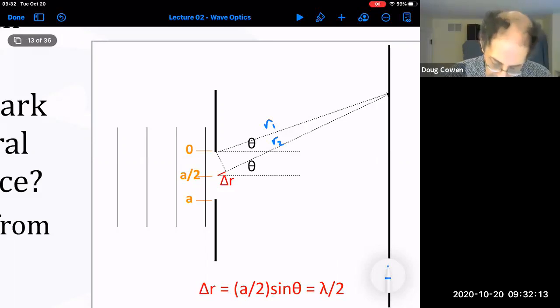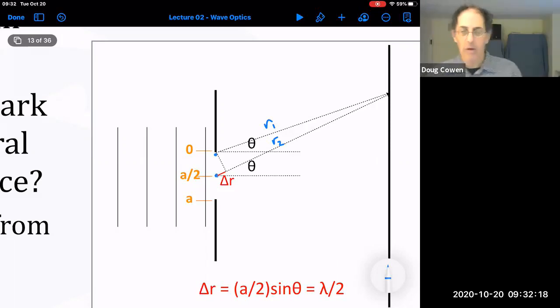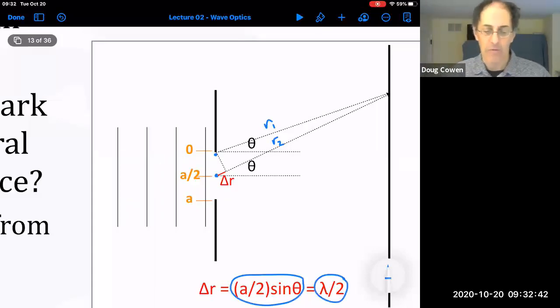So remember, we're just looking at this point here, at the very top of the opening, and this point right at the midpoint. Those are separated by a distance A over 2. And if you do the trigonometry, you'll see that delta R is A over 2 sine theta, and then we set that equal to lambda over 2. If it's equal to lambda over 2, then we'll get destructive interference over here, which is what we're trying to do.